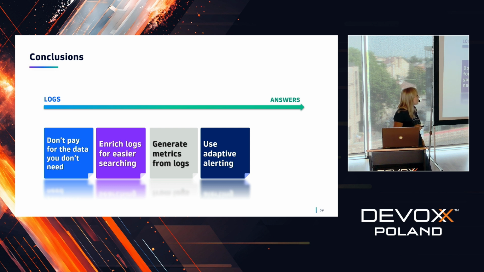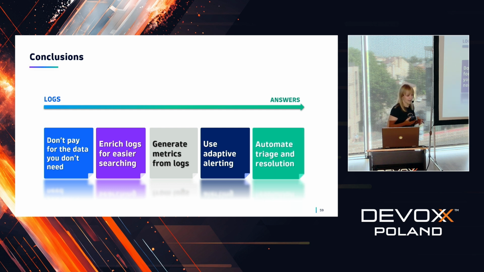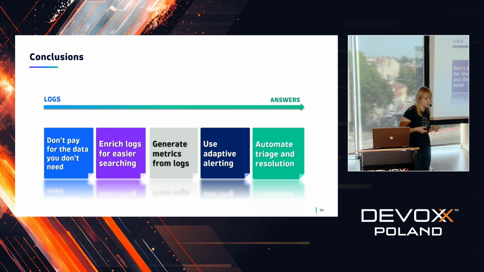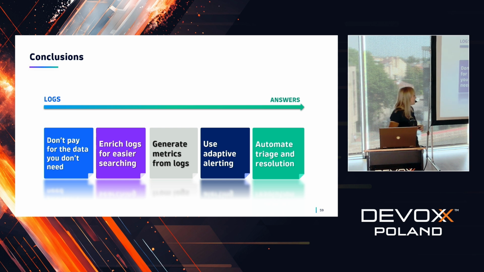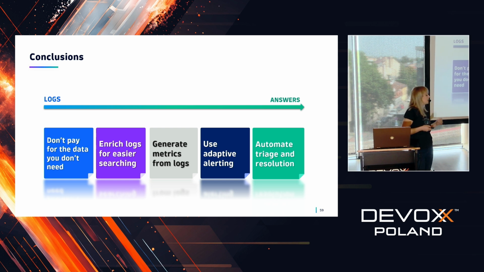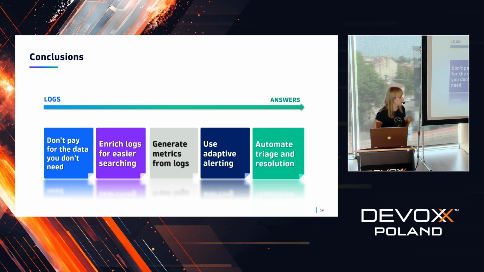Because among all the noise with so many alerts, you just won't be able to spot the really important ones. And at the end, try to automate the self-healing and the triage to speed up the resolution and to minimize the cost of the downtime.